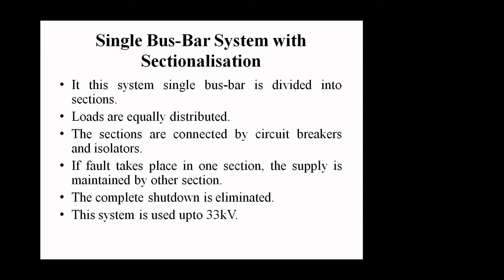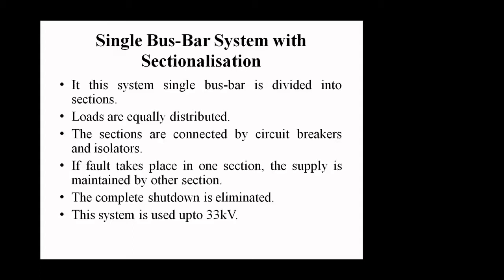These two sections are connected by circuit breakers and isolators. If fault takes place in one section, the supply is maintained by the other section. Now, this was a disadvantage we had in the first system, that is single bus bar system.